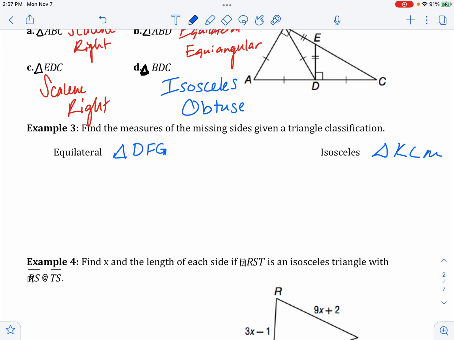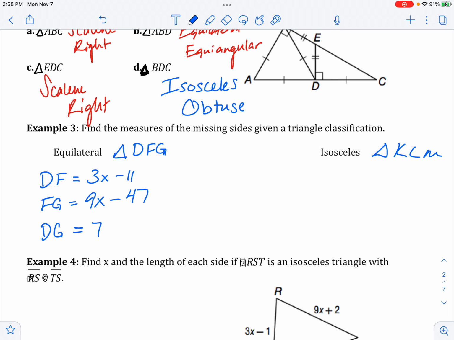In triangle DFG, I'll give you DF equals 3x minus 11, FG equals 9x minus 47, and DG would equal 7.